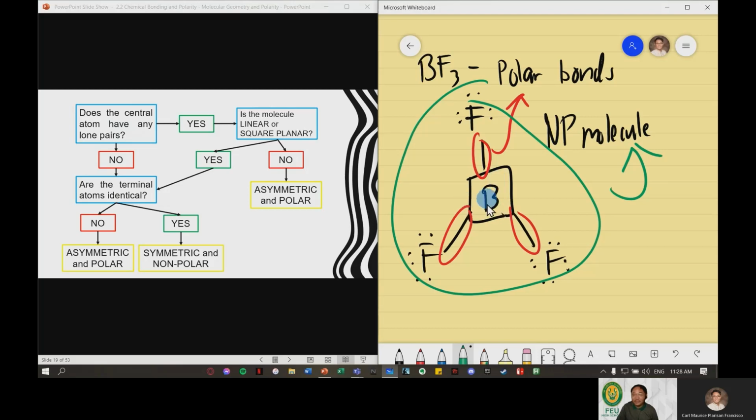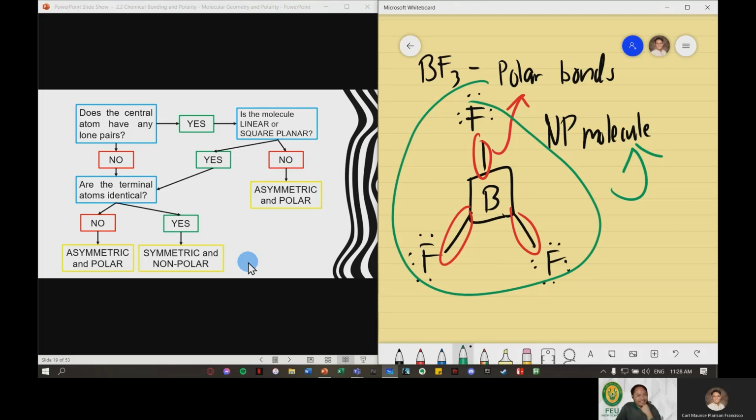Boron, in boron trifluoride, doesn't have, so no. Are the terminal atoms identical? Fluorine, fluorine, fluorine. Yes, they are identical. So your answer would be symmetric, nonpolar. So you can easily identify using the symmetry, either symmetric or asymmetric, and then you can conclude polar and nonpolar as well.